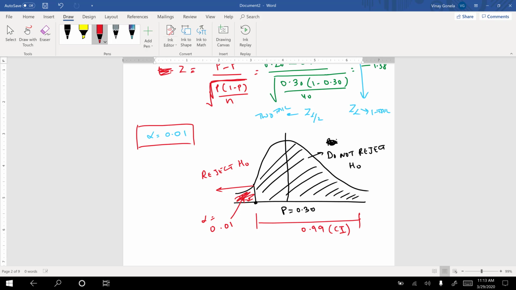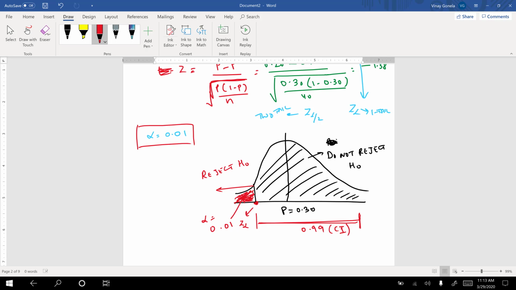Both are the same. If we say 0.01 significance level, we can easily say 99% confidence interval. That's how it's going to work. So now I wanted to calculate what is the z value here, z alpha.